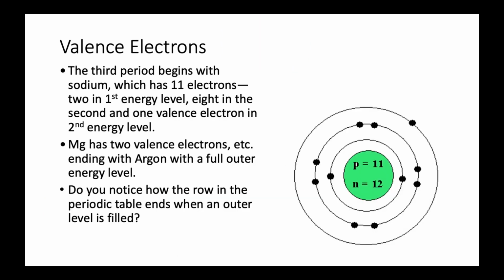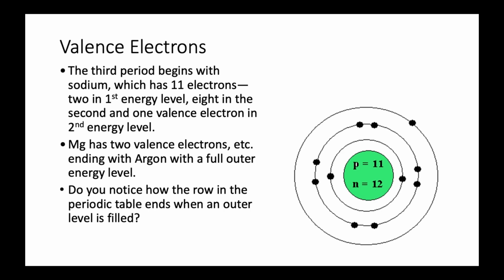And so again, here's the third period. The same thing's going to happen. This is sodium. Sodium has a full first energy level, a full second energy level. Now we have a third energy level, but notice how many electrons? 1 electron. And where is sodium in the periodic table?